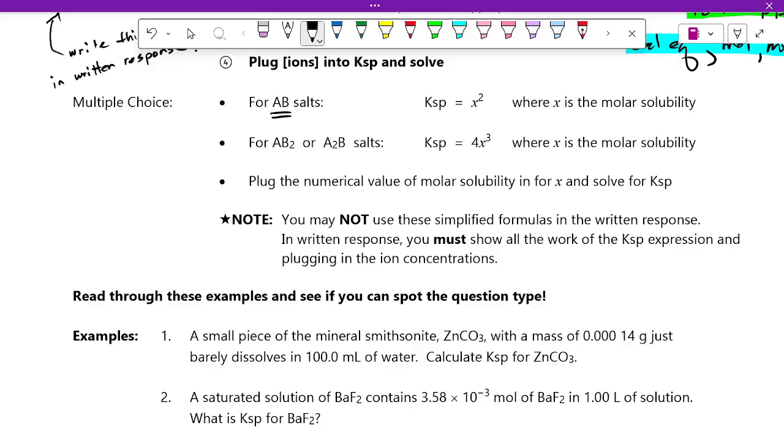This is the easiest one to identify, usually. Because, what does it say? Calculate the KSP. What is the KSP?